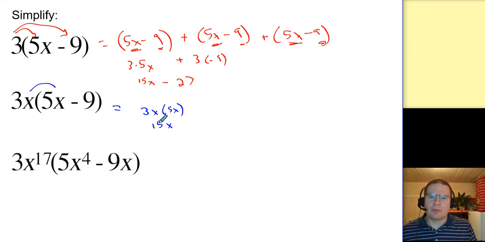Three times 5 is 15. X times x is x squared. This minus 9, I can either write it as a minus. 3 times 9 is 27. Here's my minus. Or I can think of that minus as a plus negative.